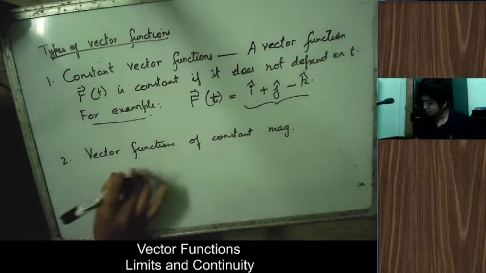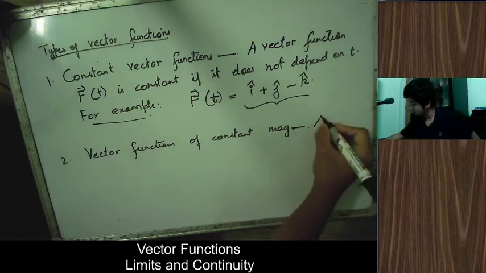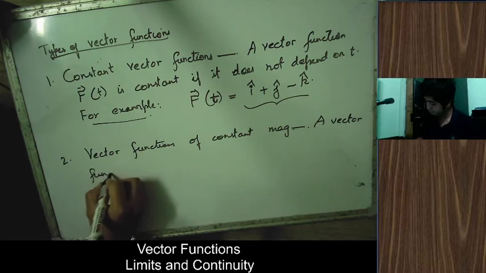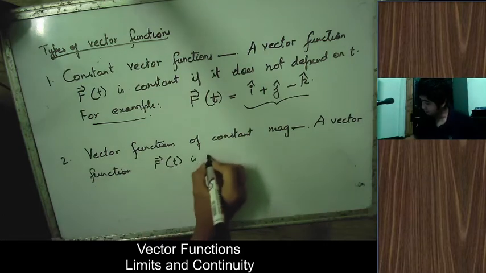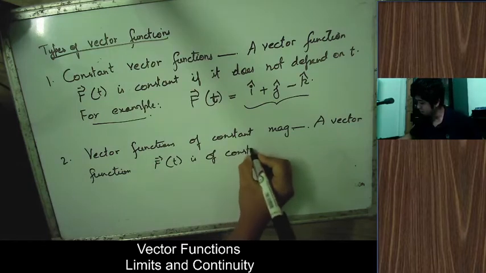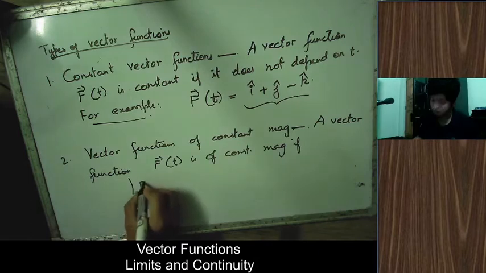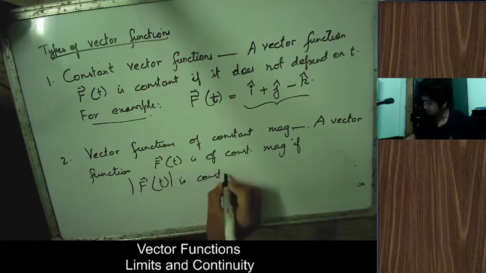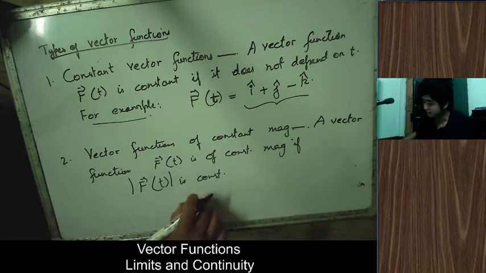And over here, let us see vector functions of constant magnitude. A vector function f(t) is of constant magnitude if the magnitude of f(t) is constant. I will give an example for this one.